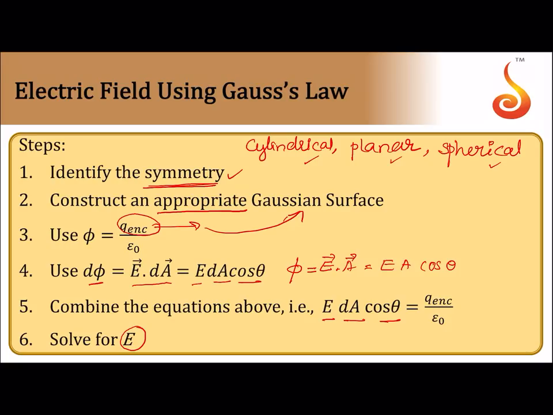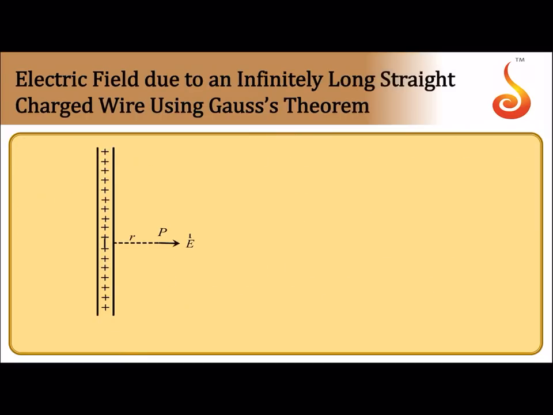Number 1, we are going to consider a long line of charge and obtain the expression for the electric field near it. Second, we are going to consider a large sheet of charge and get an expression for the electric field. Third, we are going to consider a conducting sphere, get the field due to that charged conducting sphere. So these are the 3 cases.